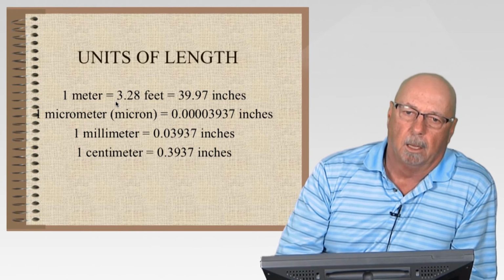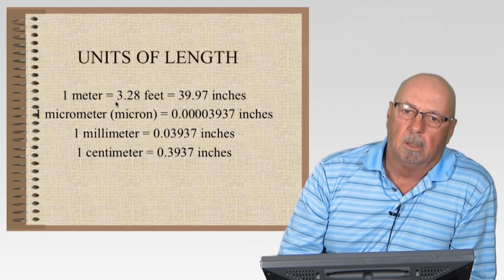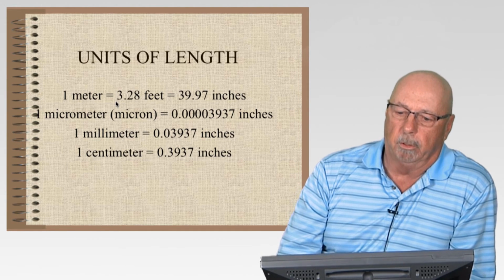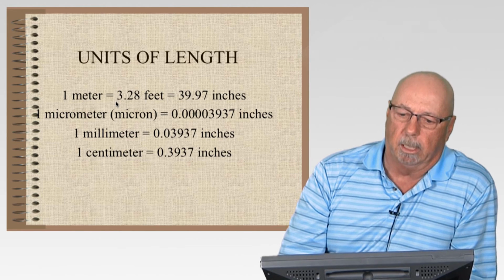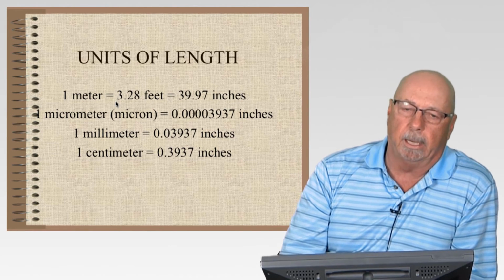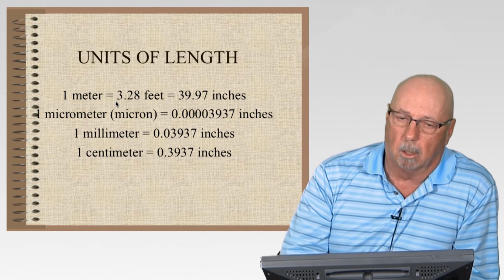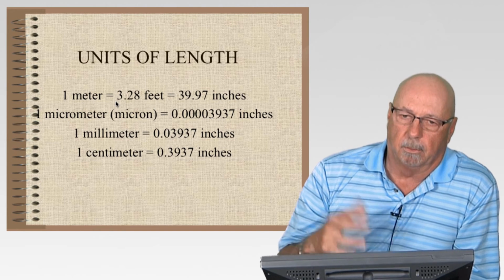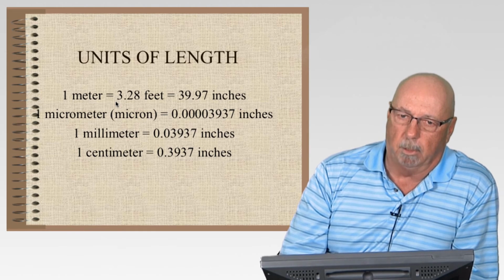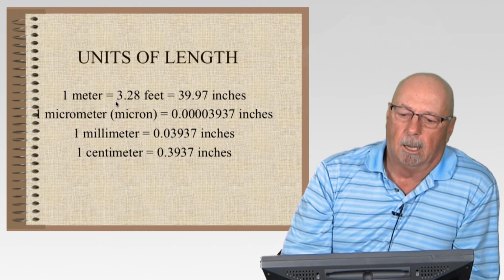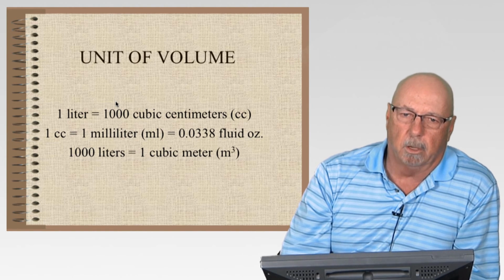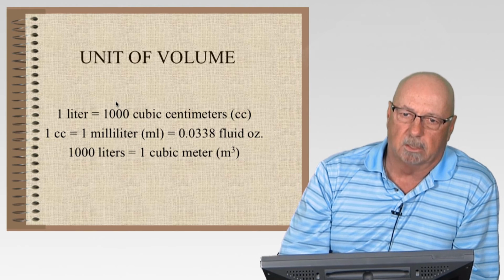A micrometer, or micron, is 1/1,000,000th of a meter, or 0.00003937 inches, really small. 1 millimeter is 1/1000th of the 39.37 inches, and 1 centimeter is 1/100th, or 0.3937 inches.